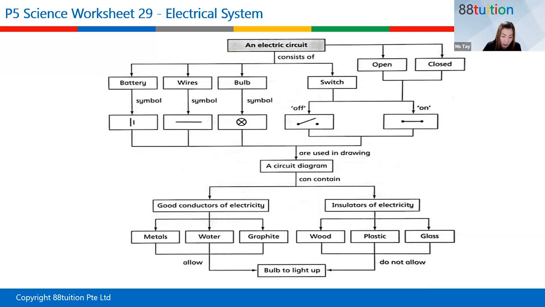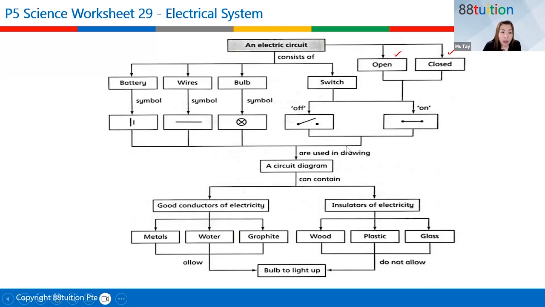All right. So electric circuit, what does it consist of? You should know already. We talk about whether it's open or it's closed. Okay, it's over here. How do we determine? You should know by now. When it's an open circuit, that means what? Electricity cannot flow, right?